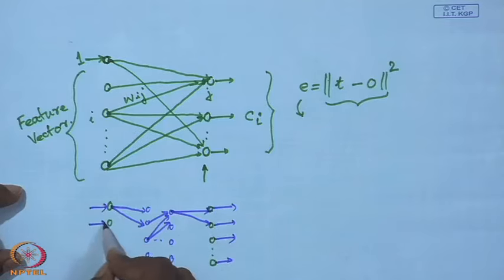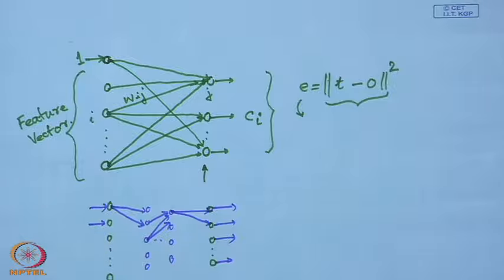However, the training for this backpropagation neural network was the same as for a single layer perceptron. That is, for a known feature vector which is input to this neural network, we know the target output. And when the neural network is not properly learned, we get an output for the same input feature vector which is not the same as the target output.